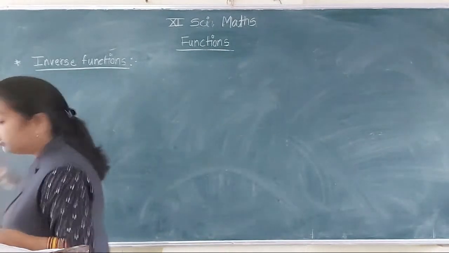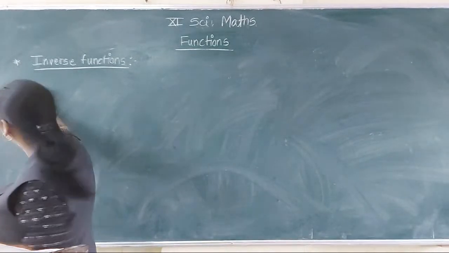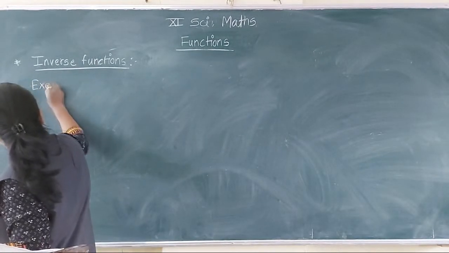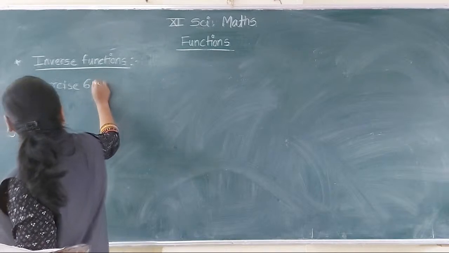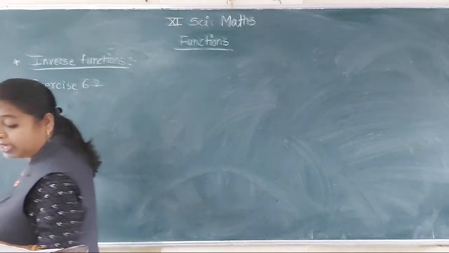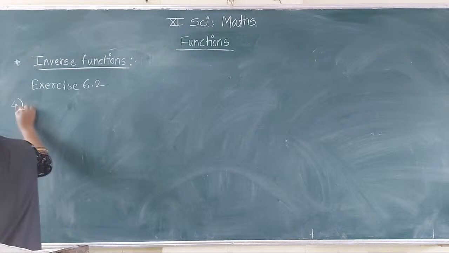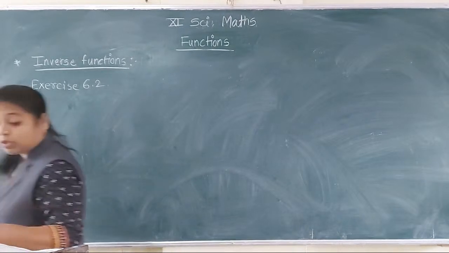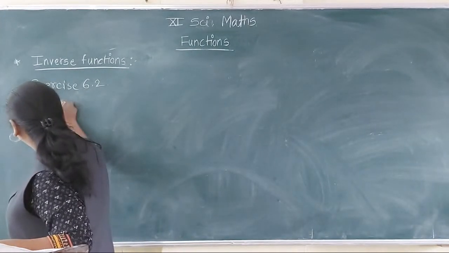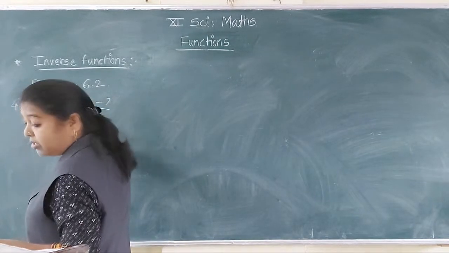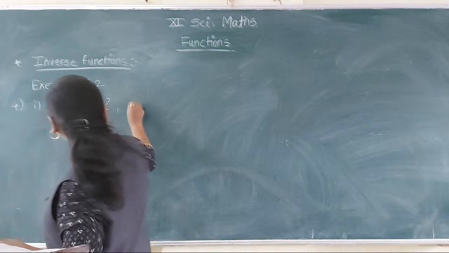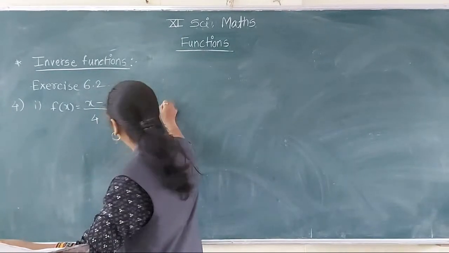So here the question is from exercise 6.2, the fourth one. In that, let's look at the first. f of x is x minus 7 upon 4 and g of x is 4x plus 7.